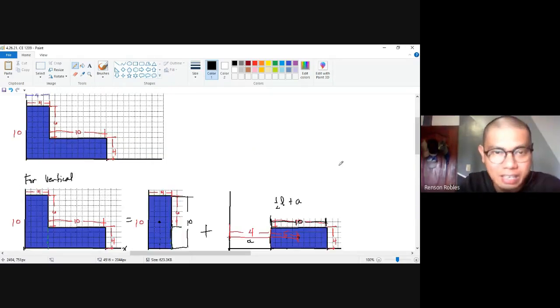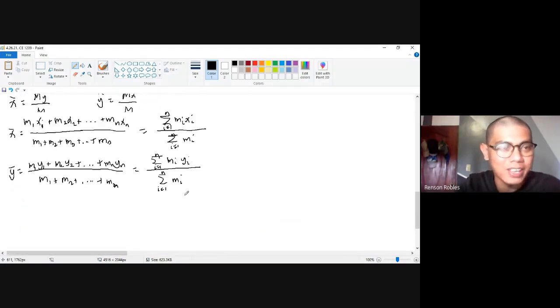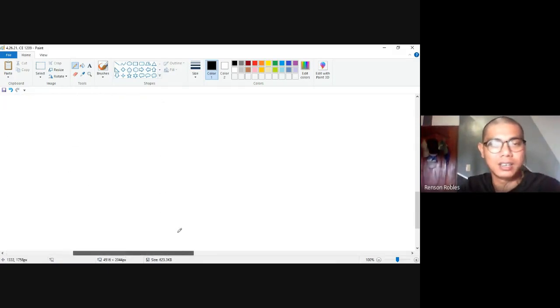And then referring to this, sorry, where is it? Hold on. Referring to this notation or to this formula, we will now replace this M1 by A1 and this X1 by bar X1. Okay?